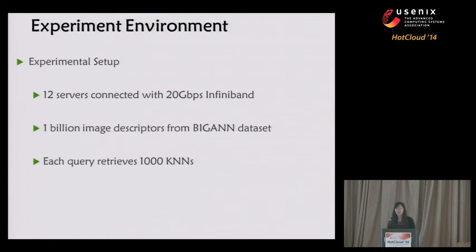Now we introduce our evaluation performance. We set up our experiments on 12 servers connected with Infiniband and use the 1 billion image descriptors from the BIGANN dataset, and each query retrieves 1,000 KNNs.